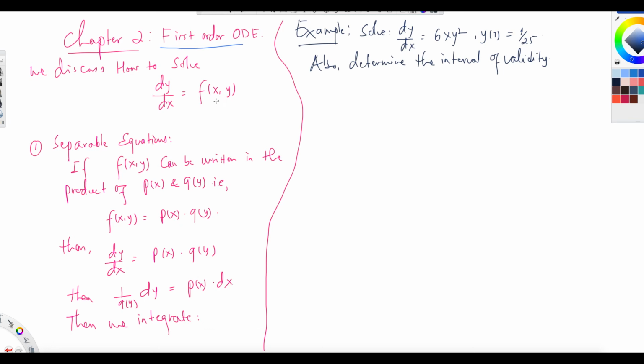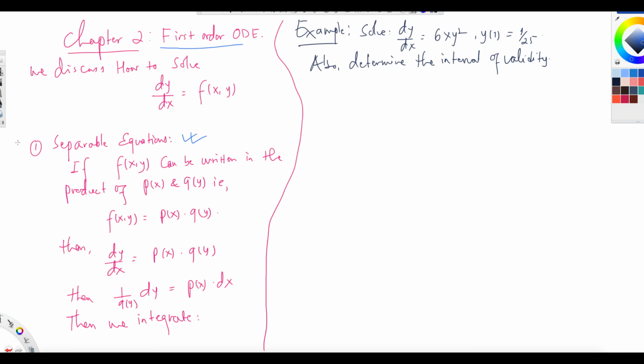So in this chapter, we will discuss how to solve a first order ODE that includes linear, non-linear, or autonomous, non-autonomous. No worries, okay?